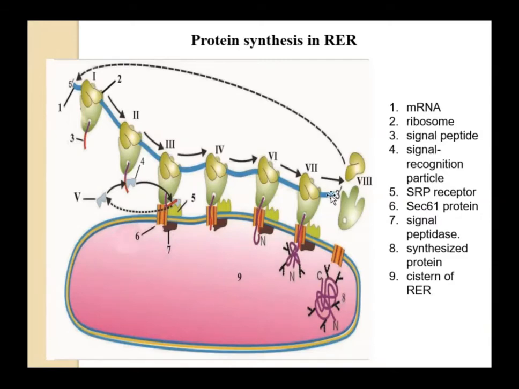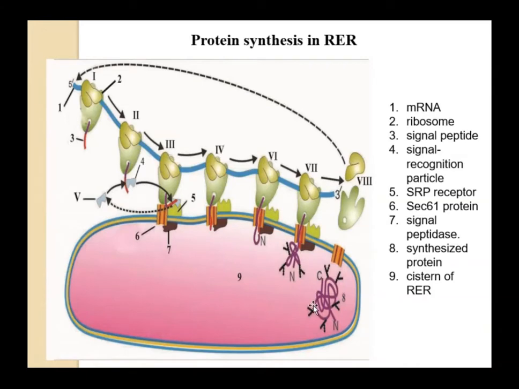And then it will give the information that the protein synthesis is finished, and all of the complex components, the ribosomal subunits and messenger RNA, will detach from here. And the protein now will be translated. Now the protein is inside of the RER. It undergoes proper folding.